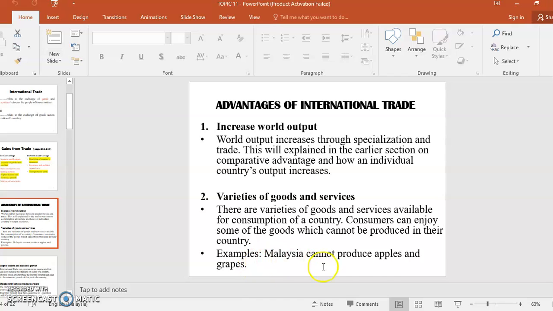Example, Malaysia cannot produce apples and grapes. Sekarang ada lah tapi tak banyak. Malaysia mungkin dari segi cuaca tak sesuai untuk produk macam ni, apples dengan grapes. So kita import barang tu, so kita dapatlah rasa bermacam jenis apple, bermacam jenis anggur yang kita import.